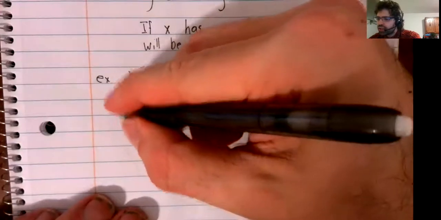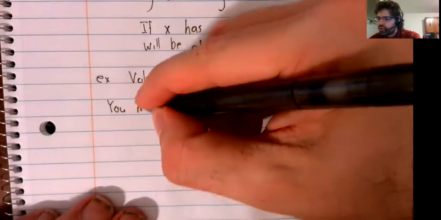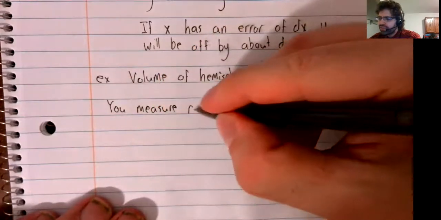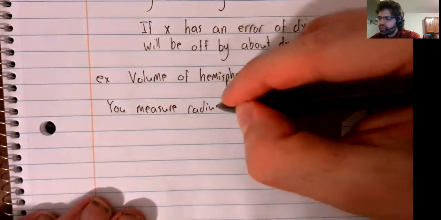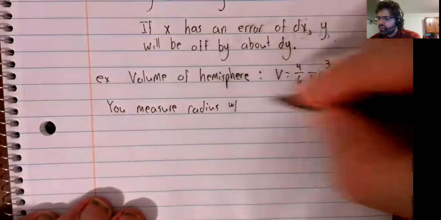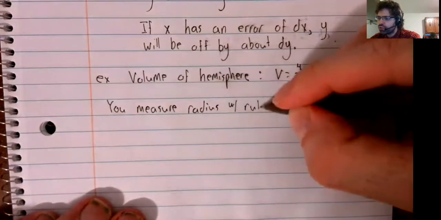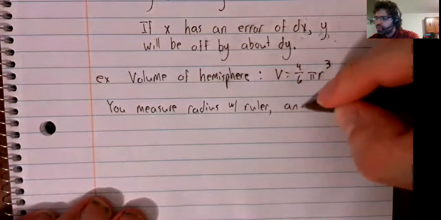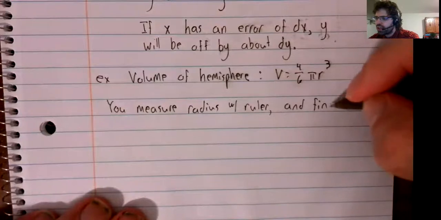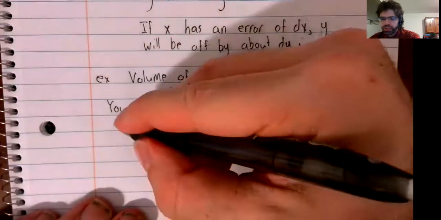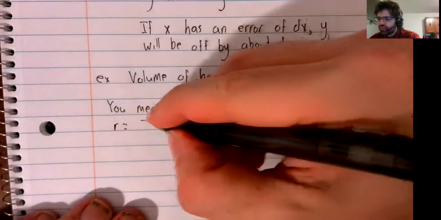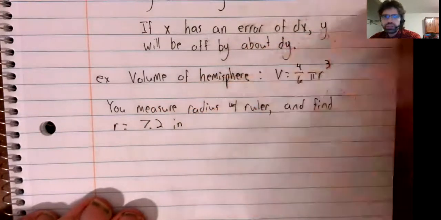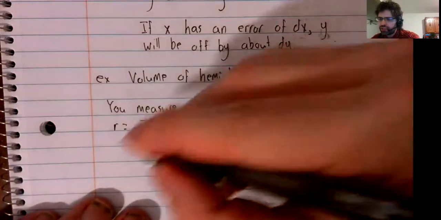Let's say you measure the radius with a ruler and find that the radius is 7.2 inches.